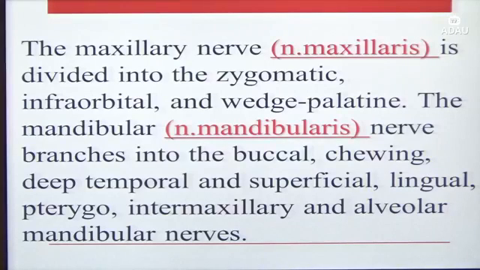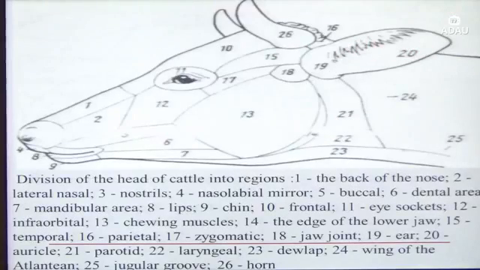We should know about this structure in anatomy: the mandibular and maxillary nerves, nervus ophthalmicus, nervus trigeminus, which are important during head operations. And here we can see the head structure.